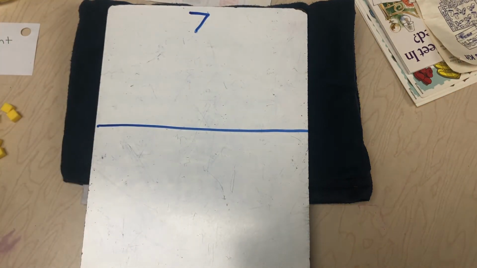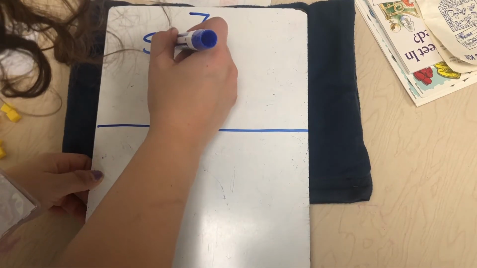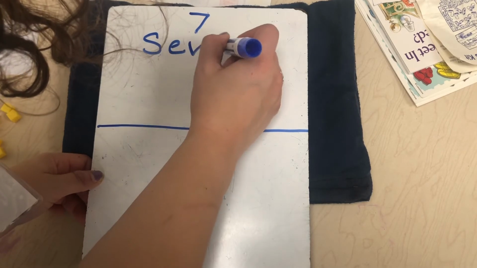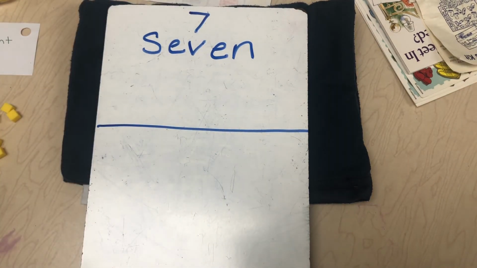You're going to write 7 up at the top. Let's go ahead and spell out the number 7 together. S-E-V-E-N. 7. Remember, we spell out our numbers because those numbers can be spelled out in our word problems.